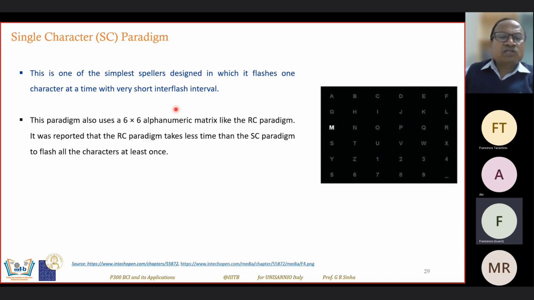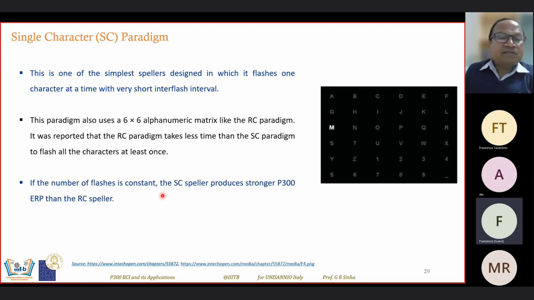The paradigm also uses a 6 by 6 alphanumeric layout. It was reported that the RC paradigm takes less time than the SC paradigm to flash all the characters. You can understand that if you want every character to flash at least once, the SC paradigm will take more time because here you are always flashing only one character at a time. But if the number of flashes is constant, the SC speller produces a stronger P300 ERP than the RC speller.